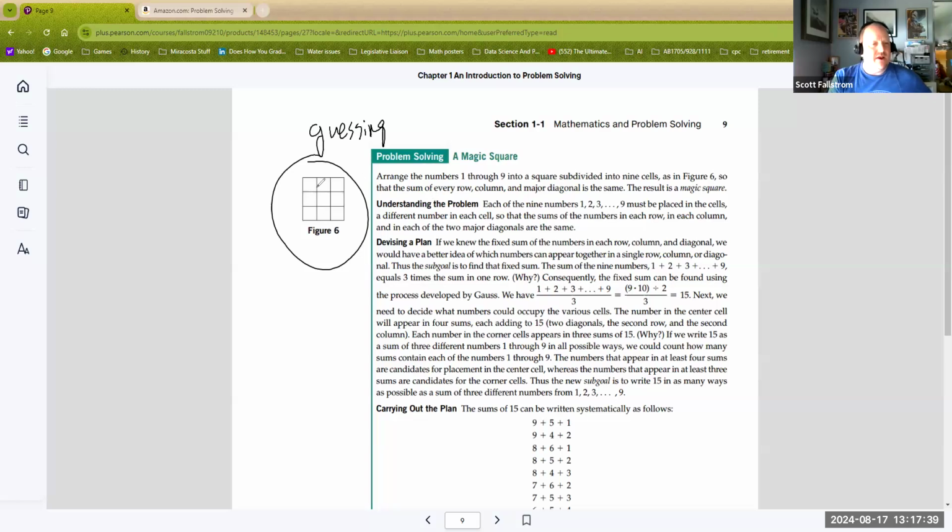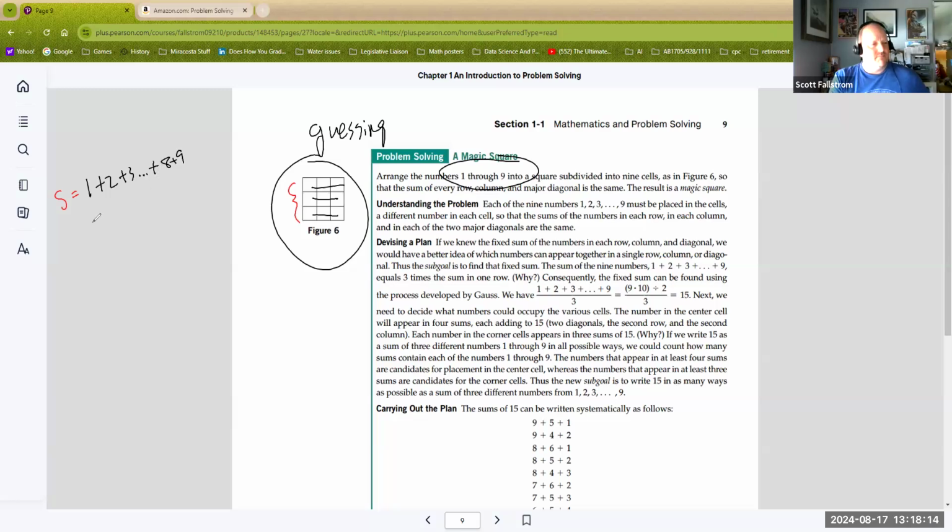But instead, you could say, wait a minute, if all three rows have to be the same, and I'm using the numbers 1 through 9, maybe I could just add up the numbers 1 through 9, which would be like adding all of the square up. I'll use Gauss's idea, right? I get 10, 10, 10, 10, and in the middle, I end up with just a lonely 5.